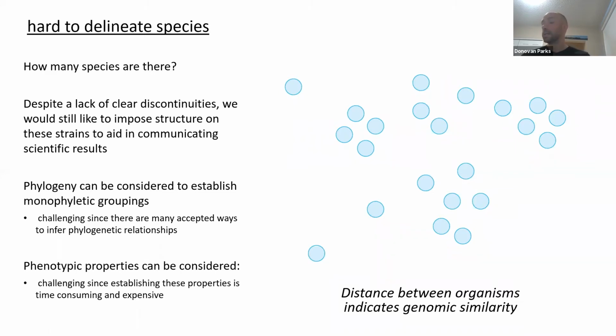We can use 16S, we can use different sets of genes and concatenated protein trees. We have many models of evolution, and those may give us very different relationships in terms of the evolutionary relationship between these strains. So how to synthesize all that information can be a challenge.